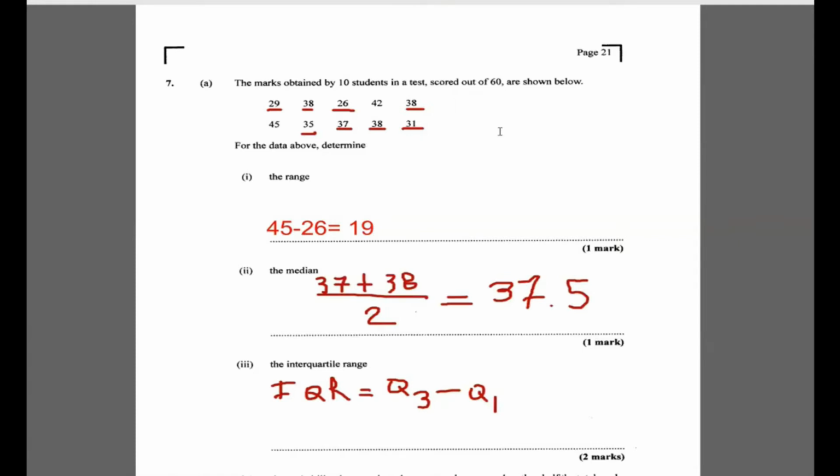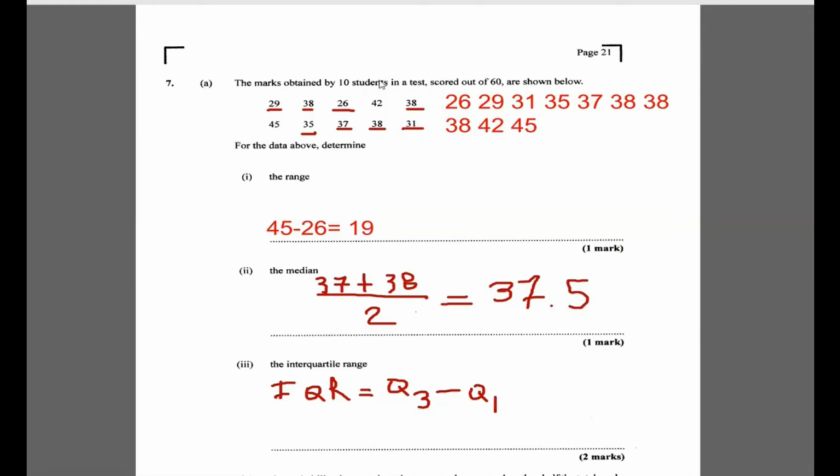In order, it's 26, 29, 31, 35, 37, 38, 38, 38, then 42, then 45. 1, 2, 3, 4, 5, 6, 7, 8, 9, 10.